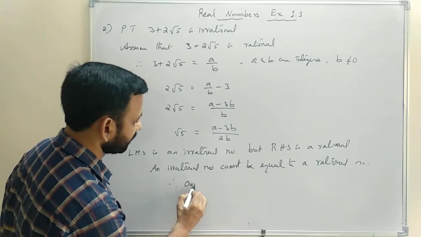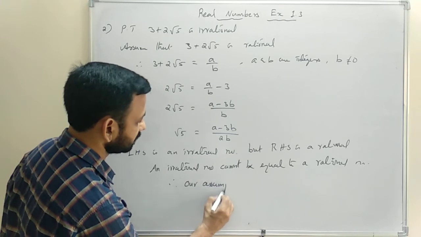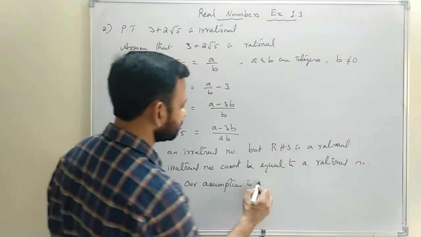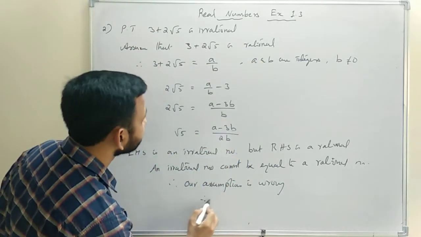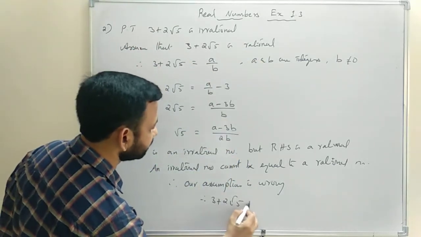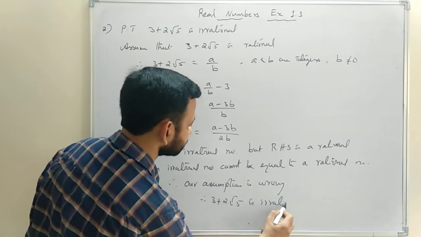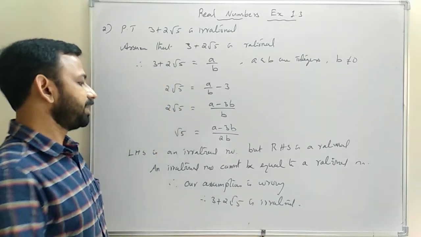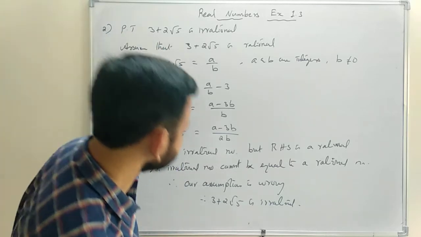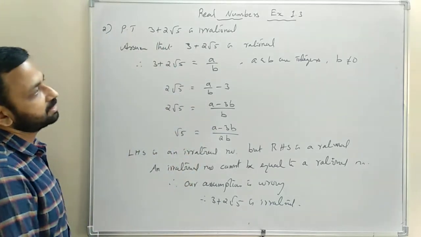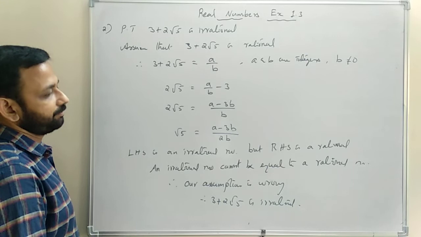Our assumption was that this is a rational number. Therefore, 3 plus 2 root 5 is irrational. So here we got 3 plus 2 root 5 is an irrational number. Our assumption is wrong. So we got the answer.